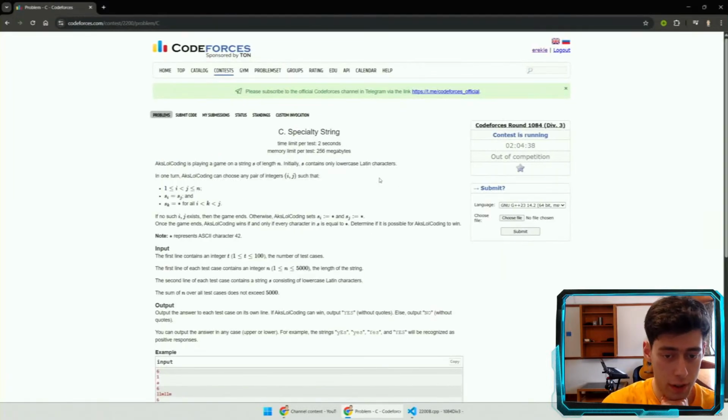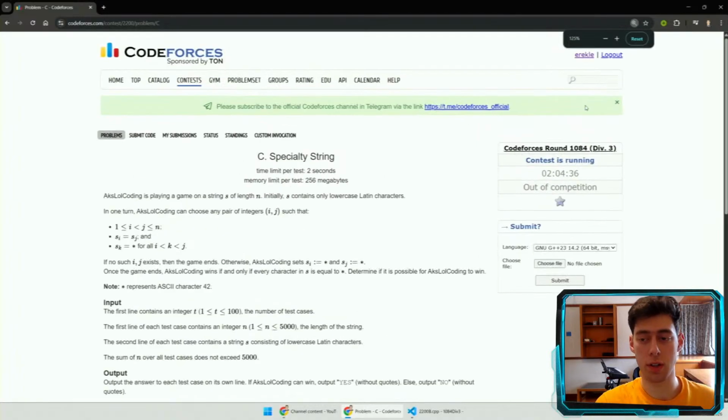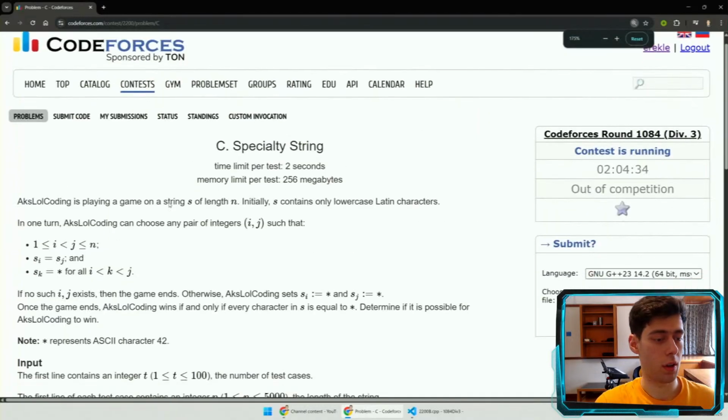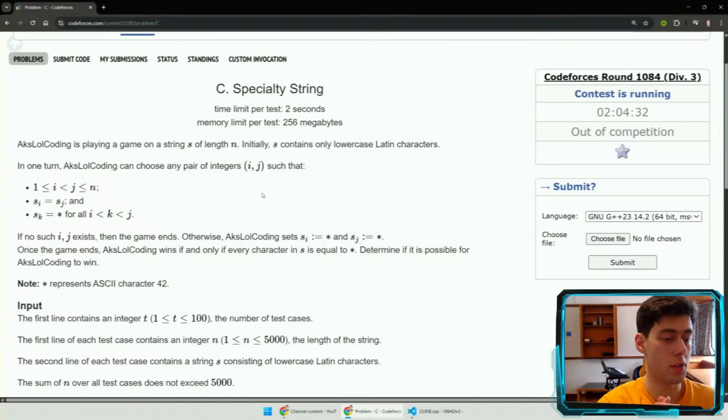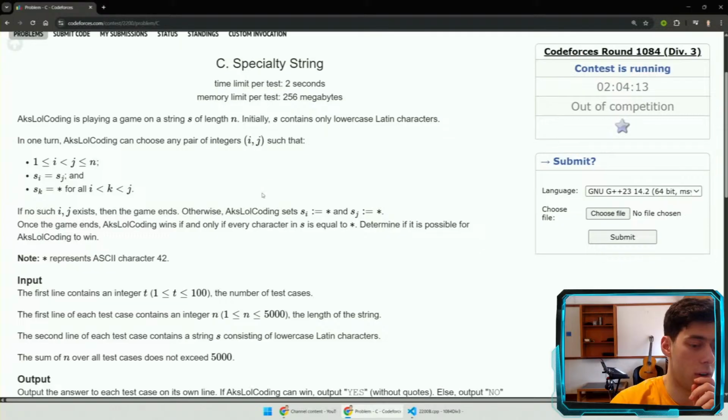You've got a string of length n. Initially, it contains only lowercase Latin letters. In one turn, you can choose any pair of indices that are the same, and everything in between is a star, and you set the endpoints to a star.